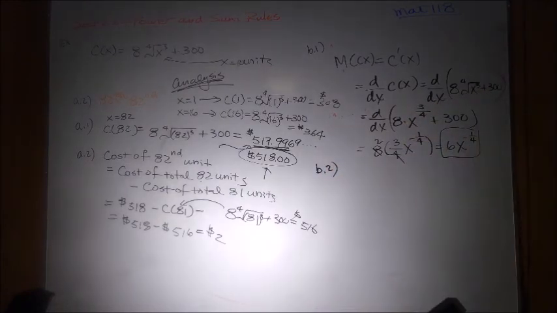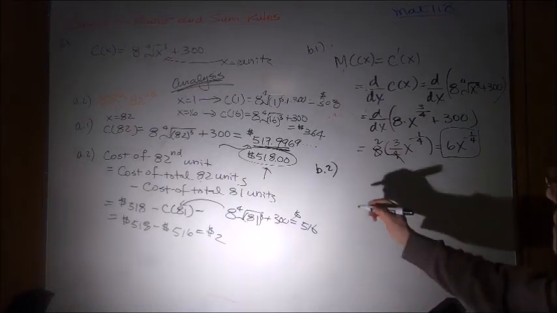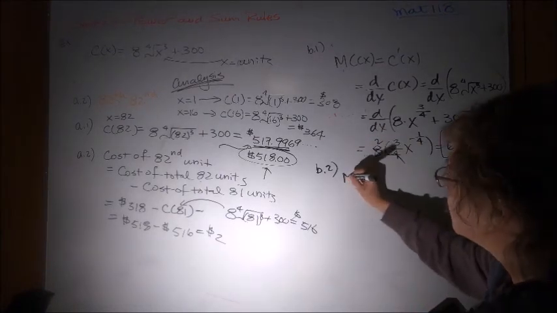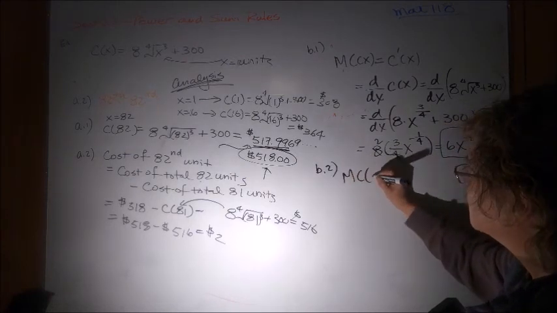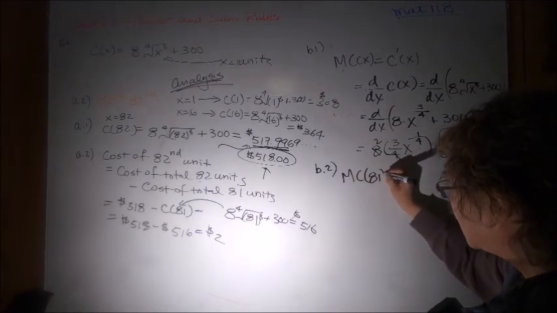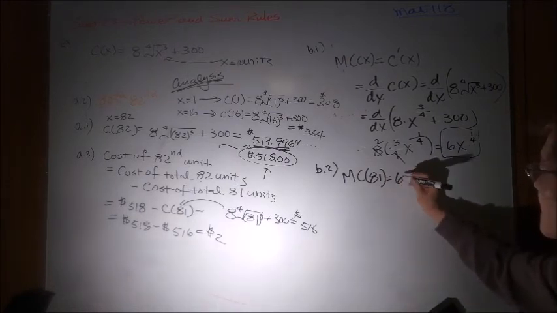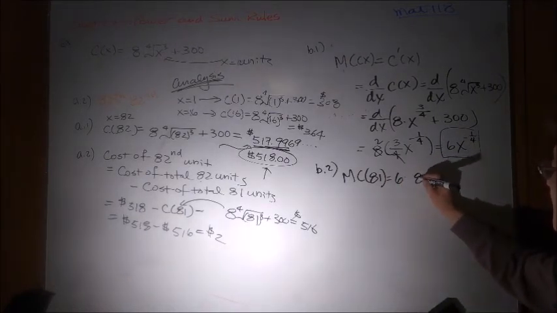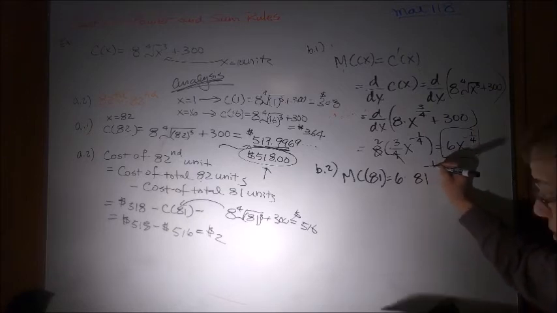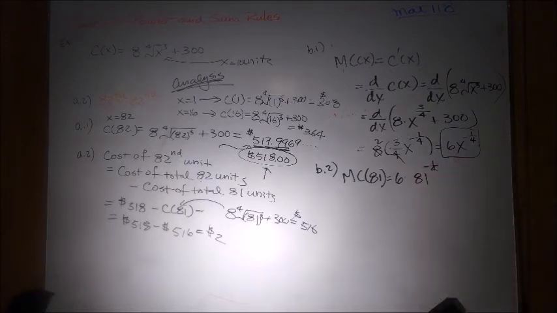So it's asking you, let's do it first, okay? Find the marginal cost when 81 flashlights were produced. So what do you do? You plug in MC of 81, right? So you plug in here. It's 6 times 81 to the negative 1/4, right?